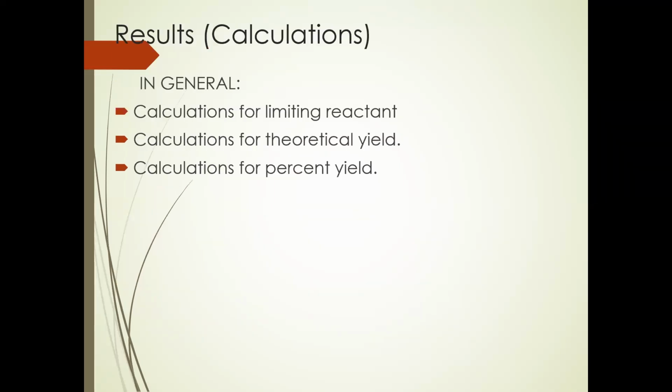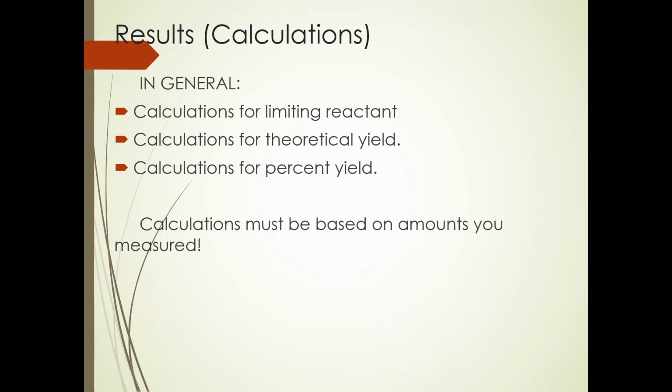For calculations: limiting reactant, theoretical yield, percent yield, and the calculations do need to be based on the amounts you actually measured. The procedure may say to use 5 millimoles or 10 millimoles. Don't start with that because you probably do not have exactly 10 millimoles, and you certainly did not measure millimoles.